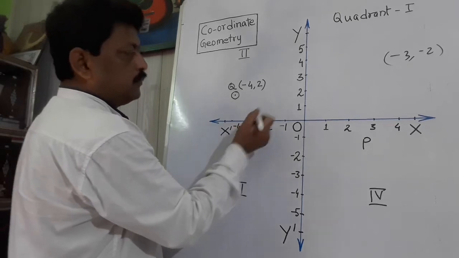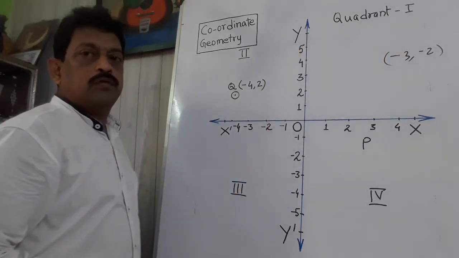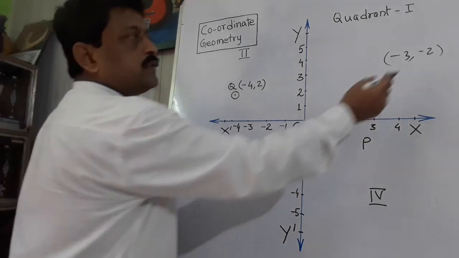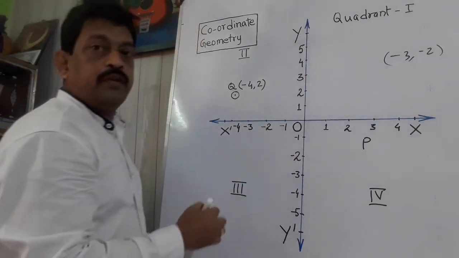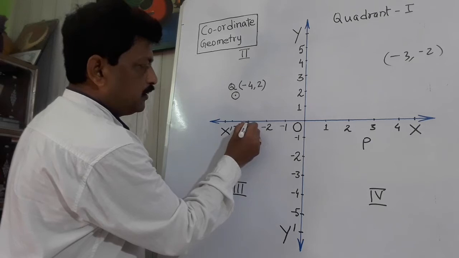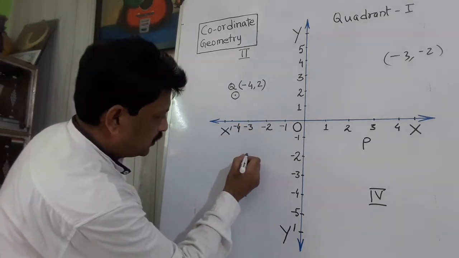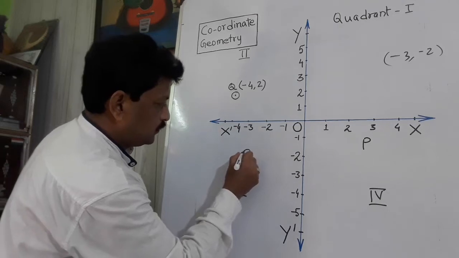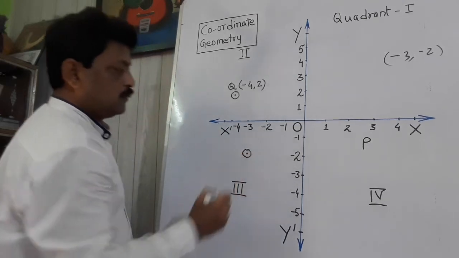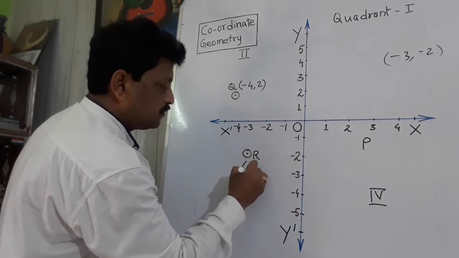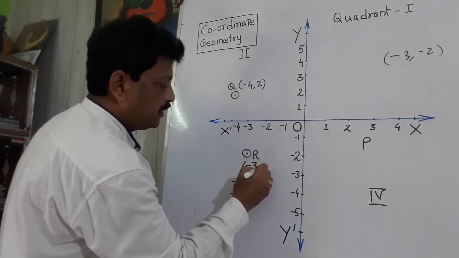And then -2 means this time we have to move down because the sign is negative. 2 units down. So from -3, we move 2 units down, somewhere here. So let the point be R, and this is written as (-3, -2).